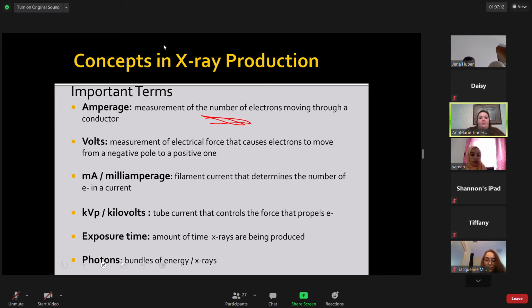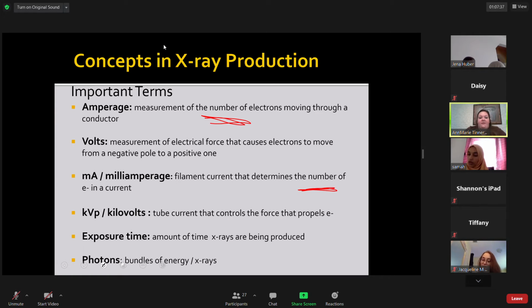Again, your MA or your milliamperage, this is the filament current that determines the number of electrons. Anything that has to do with amperage, milliamperage, also known as MA, is the number of electrons. It does not have to do with the quality of the electrons. It has to do with the number of electrons.